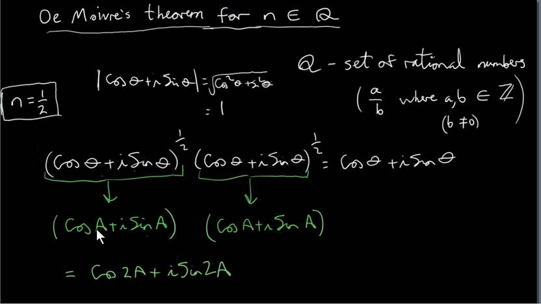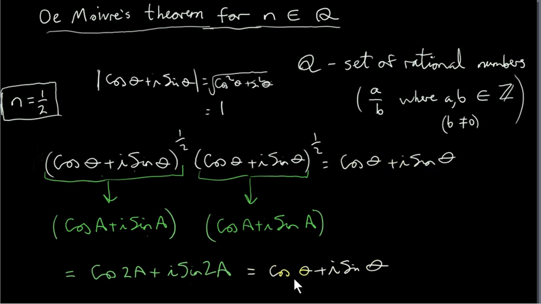We don't have to worry about the moduli. The modulus of this is 1, the modulus of this is 1. We'd normally multiply the two moduli together, but 1 times 1 will just give us 1. Okay, so we just add the arguments to get this single complex number, and it must equal the right hand side, which is cos theta plus i sine theta.